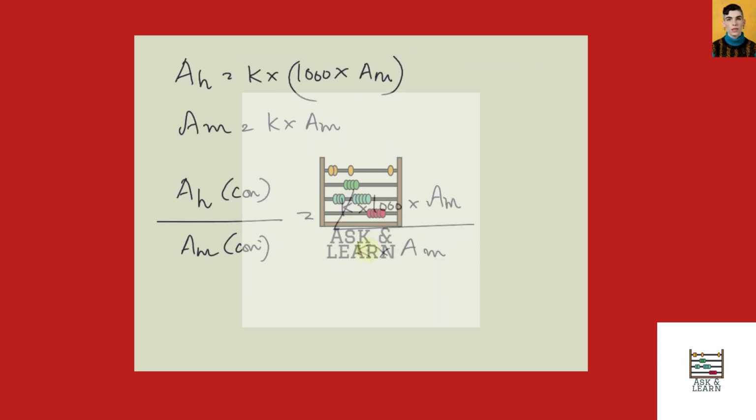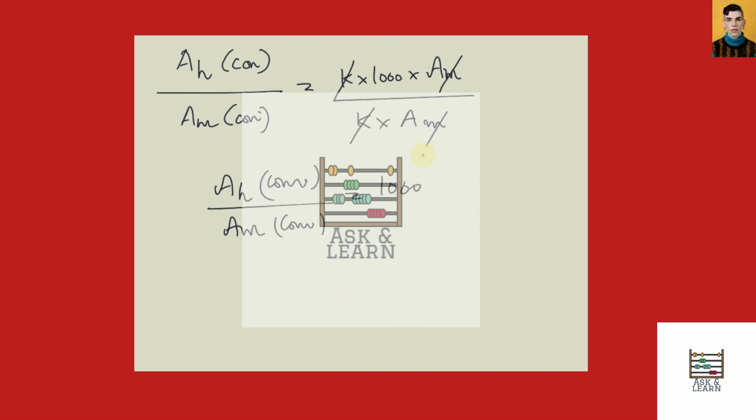Here, both the K values cancel out, and also the AM values get cancelled out. Hence, we can say that A human for convoluted by AM for convoluted will be equal to 1000. So this means that the surface ratio of the convoluted brains is 1000.